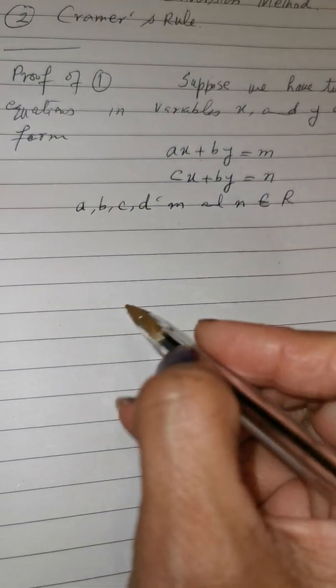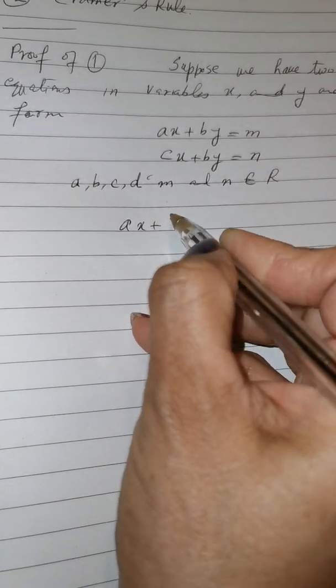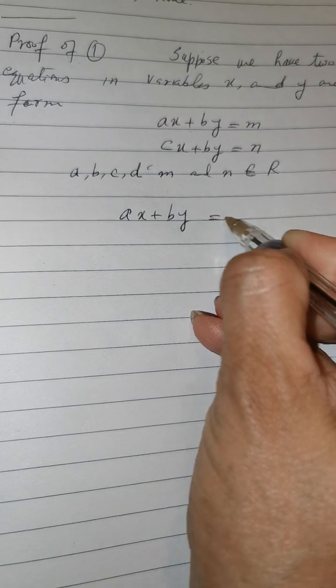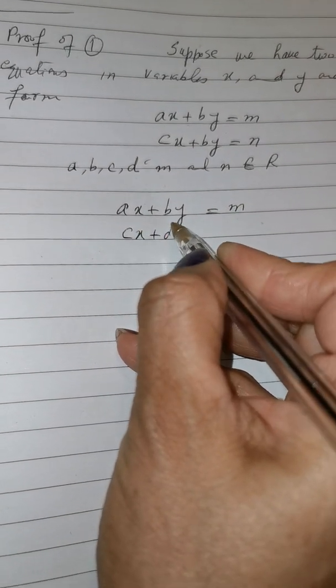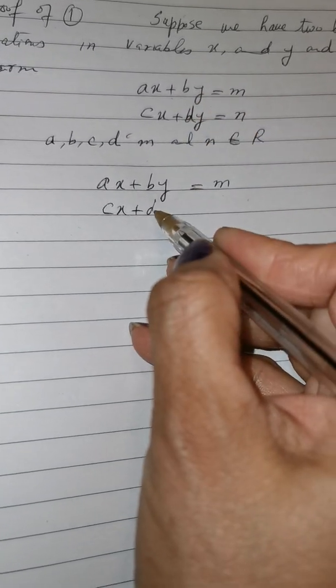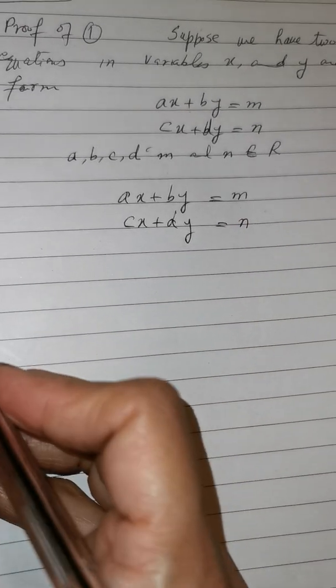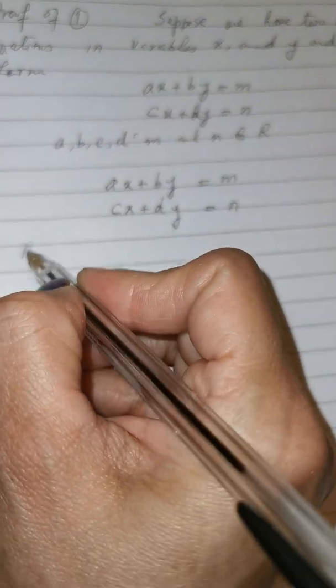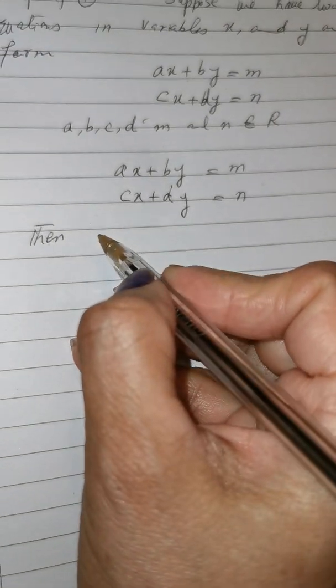Now in the matrix inversion method, first of all I will write the two linear equations in front of you: ax plus by is equal to m, cx plus dy is equal to n. Now how can we write these linear equations in the form of matrices?